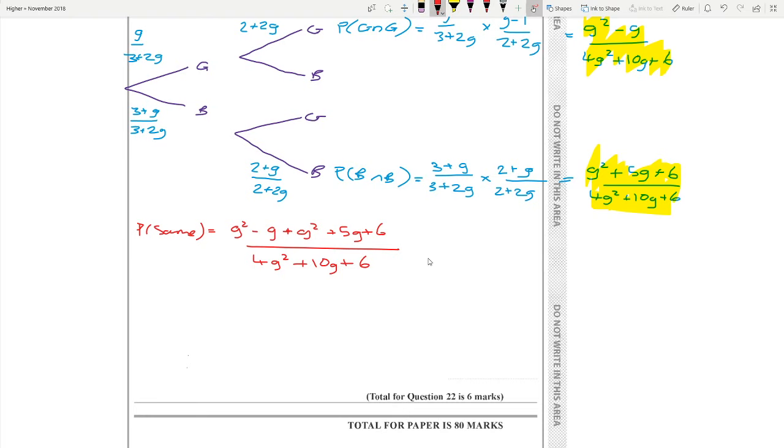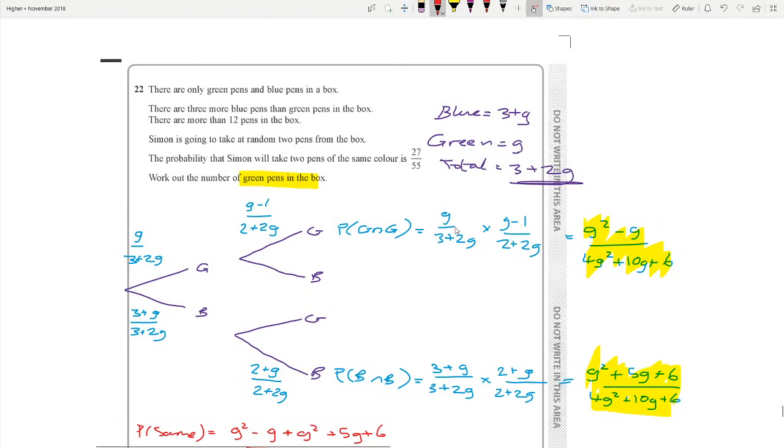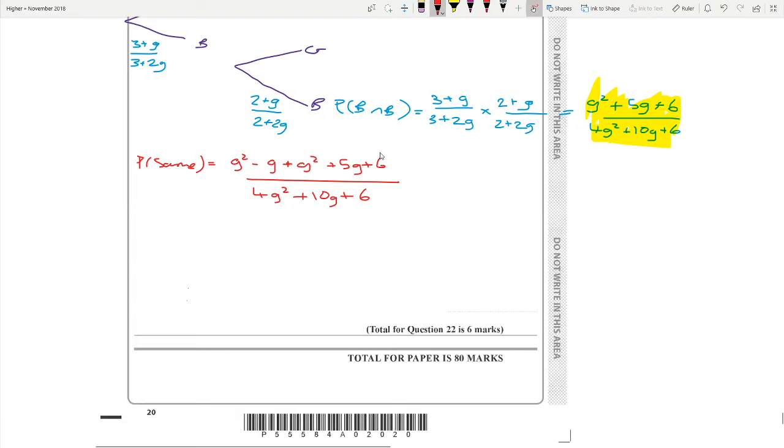And the question tells us that the probability of getting the same color is 27 over 55. So this is going to equal 27 over 55. Let's simplify this. So we've got G squared, add a G squared, that's 2G squared.